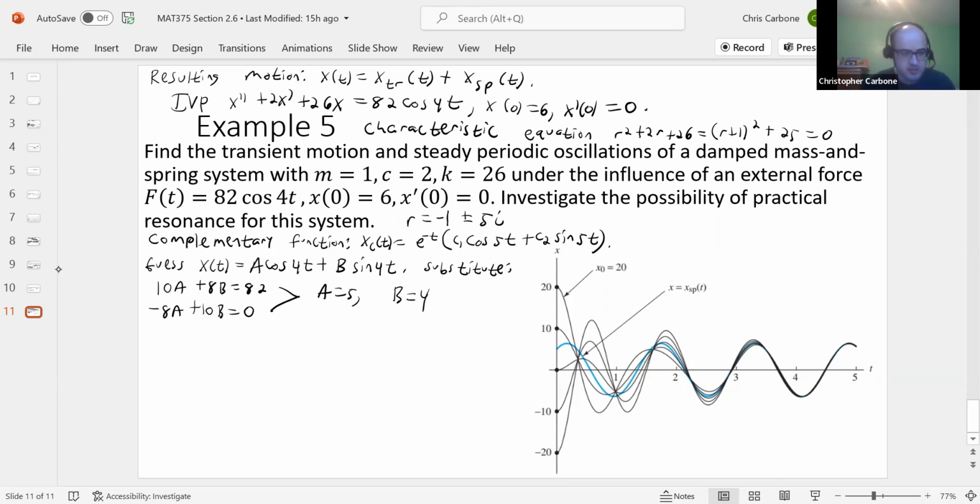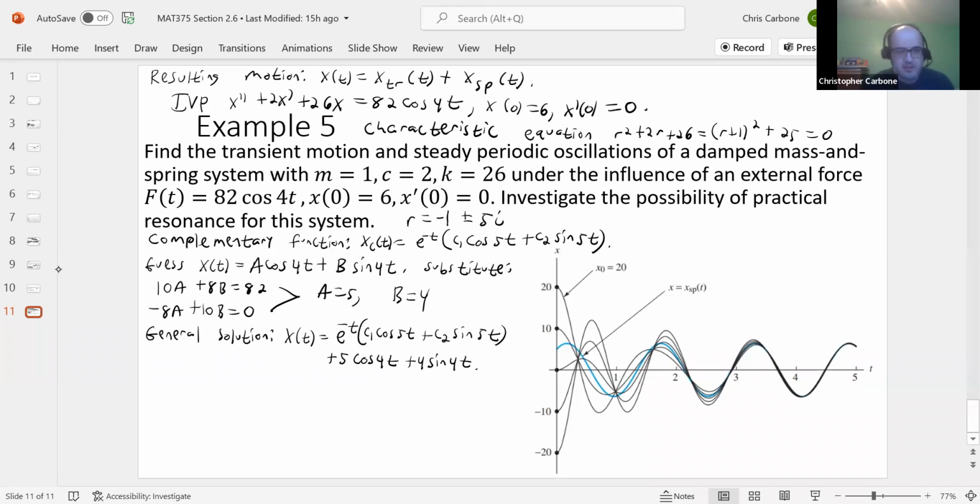So our general solution would take the form of x of t is e to the negative t times c sub 1 times the cosine of 5t plus c sub 2 times the sine of 5t, plus 5 times the cosine of 4t plus 4 times the sine of 4t.